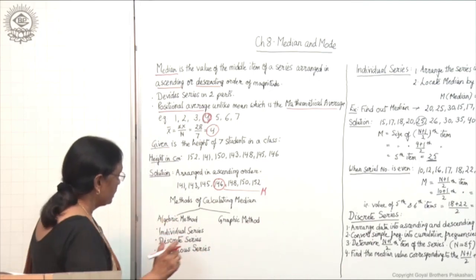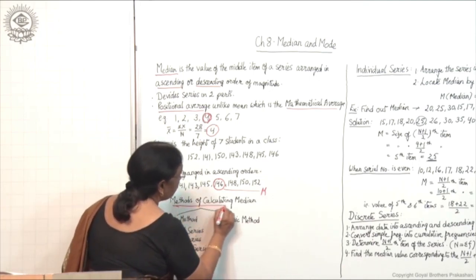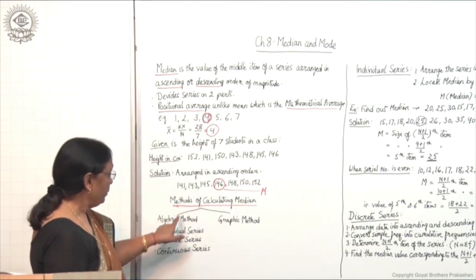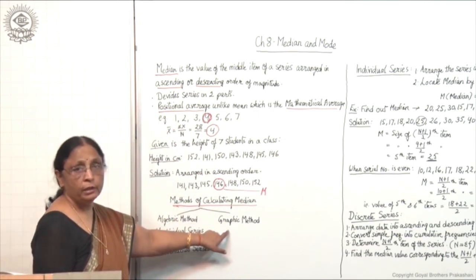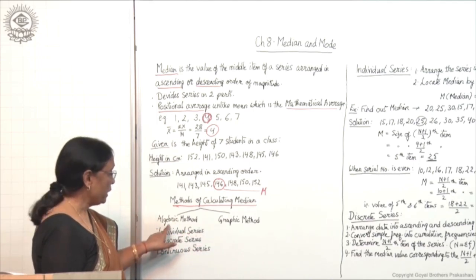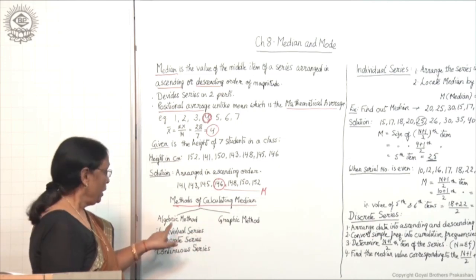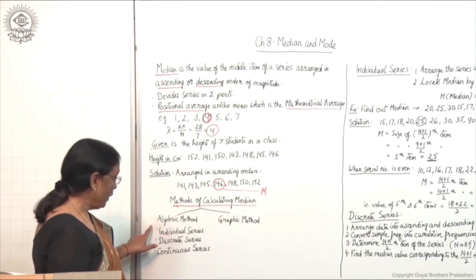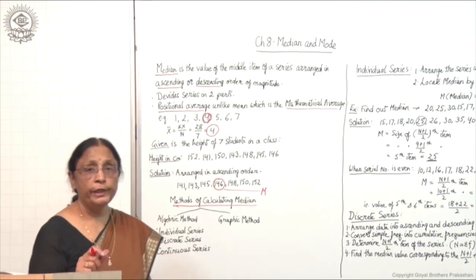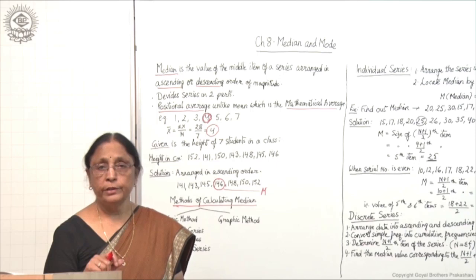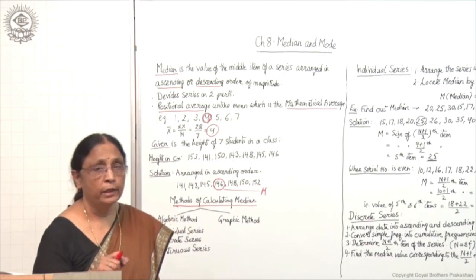Now let us discuss the methods of calculating median. There are mainly 2 methods of calculating median. One is the algebraic method and second is the graphic method. In the algebraic method, we have calculation of median in the case of 3 types of series: individual series, discrete series and continuous series.